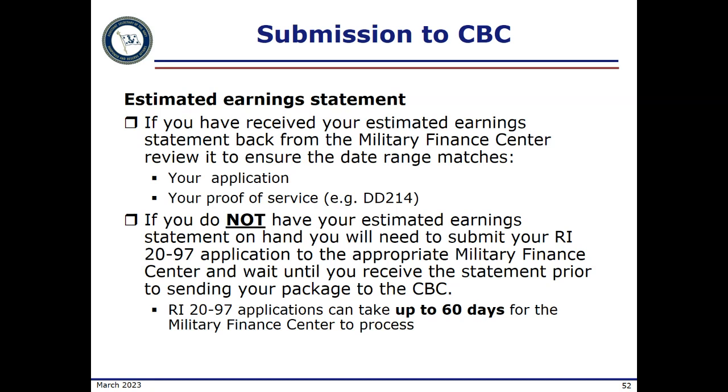If you do not have your estimated earnings statement, you will need to submit your application to the Military Finance Center that's applicable to you, and wait until you receive the statement prior to sending your package to the Civilian Benefits Center. The request for estimated earnings applications can take up to 60 days for the Military Finance Center to process. So please keep that in mind as well.